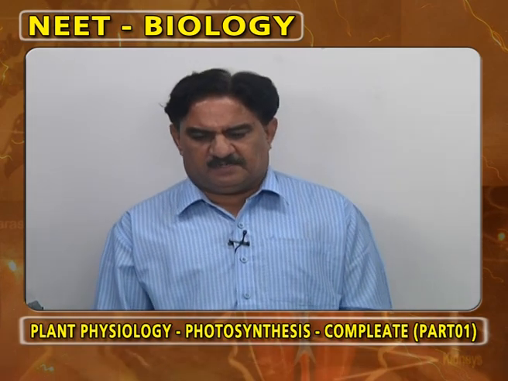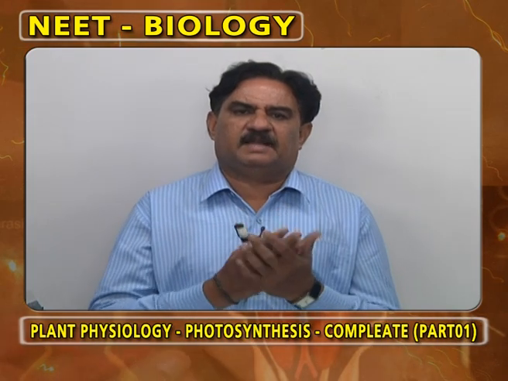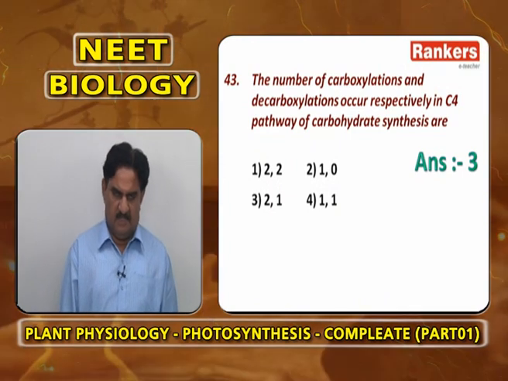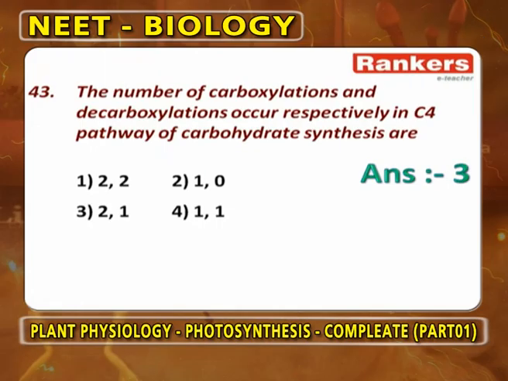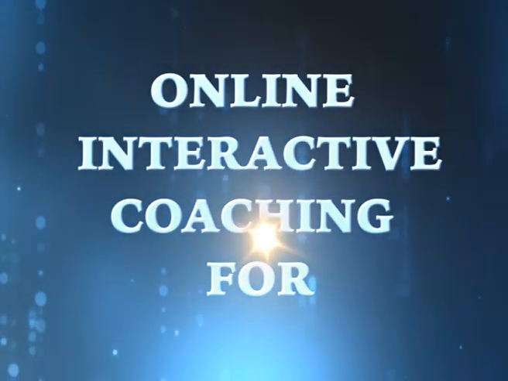Decarboxylation is only 1: oxidative decarboxylation of malic acid occurs in the bundle sheath cells of C4 plants. So the answer is 2 and 1, third option.